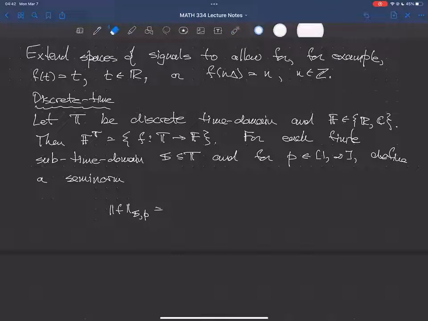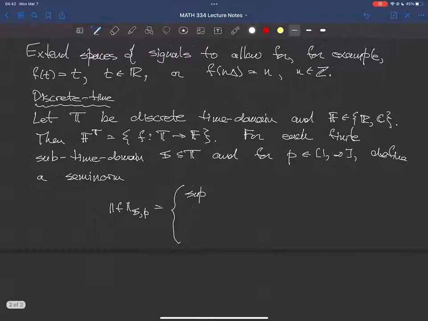And here's the definition. It breaks into two cases, and I'm going to do them both at once. In the p equals infinity case, we get the usual thing that we expect, the sup norm, but now over S. This is valid for p equals infinity.